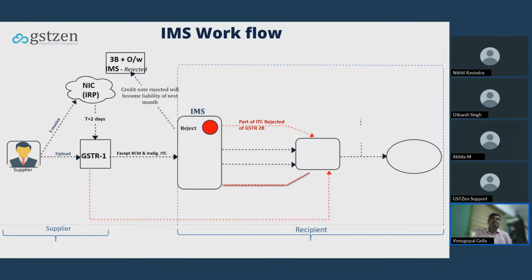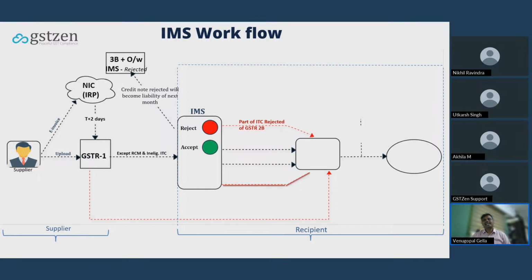Whenever the recipient is filing his 3B, he is supposed to avail credit or reversal in October. His October is getting filed now. Given that it is getting filed in Jan, the supplier's October credit note will get added back into February. So when we say next month, it is the next month after the IMS is filed that the supplier will have it added to his liability.